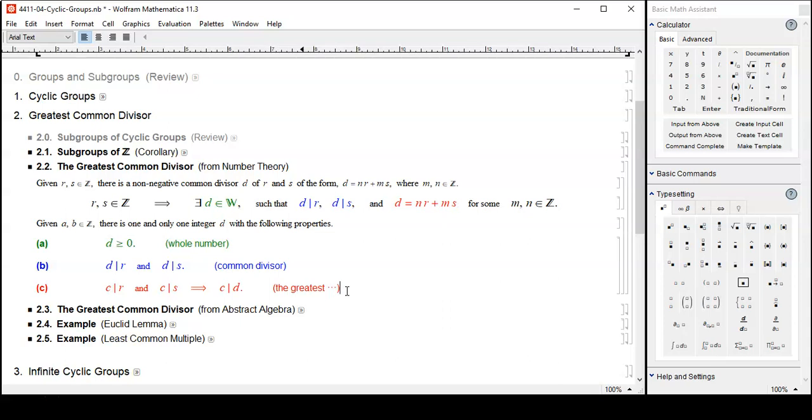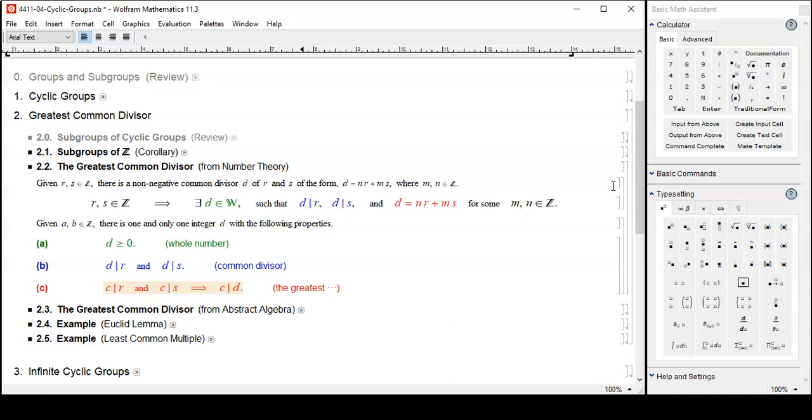If there's another common divisor c, that is, c divides r and c divides s, then c must divide d as well. Combine that with the fact that d is non-negative, and this gives me the greatest common divisor. This also takes care of uniqueness as well. There's only one greatest number.